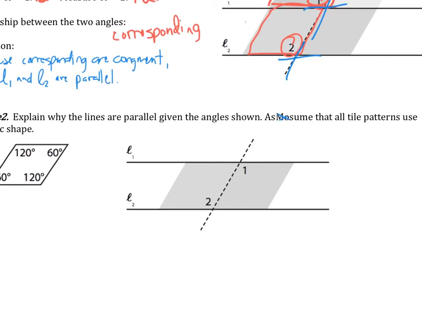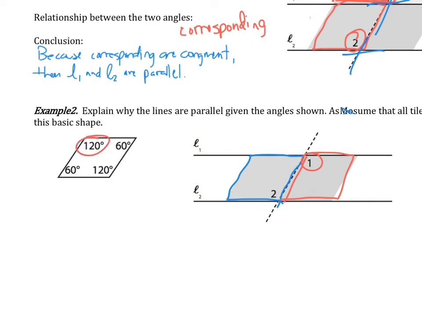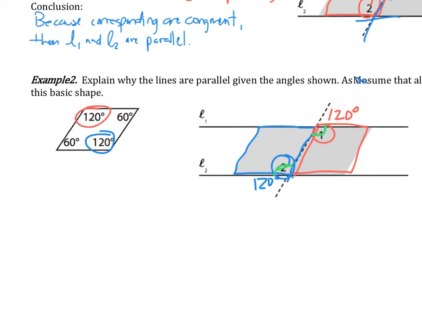Again, if we put that tile into these two spots, you'll notice that the 1 would line up with 120 degrees there, and that the 2 lines up with the 120 degrees in that corner. Angles 1 and 2 themselves have a relationship: they are alternate interior angles.